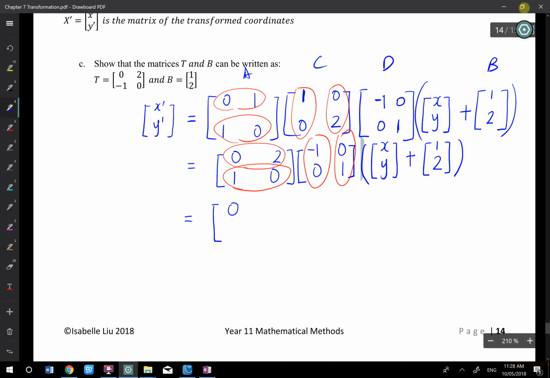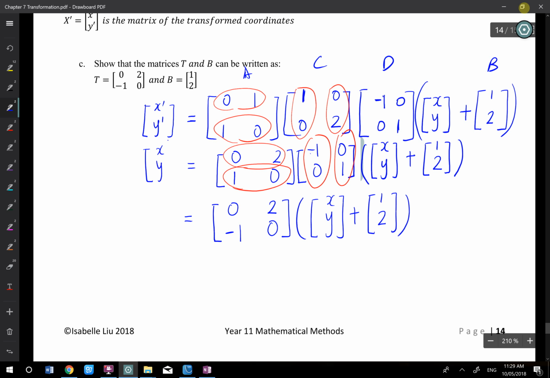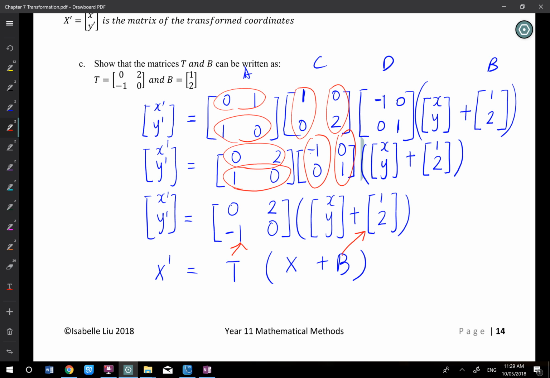We need 0, we need 2, we need -1, and we calculate out 0. Bracket xy plus 1, 2. That's x dash and y dash in the front. So this is x dash, this is T, bracket, that's x, and that's B. So I've shown T is that, and B is that.